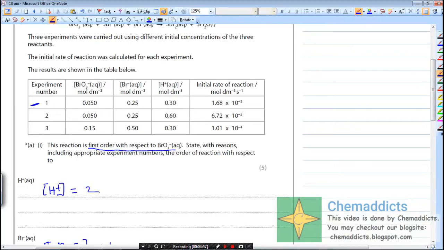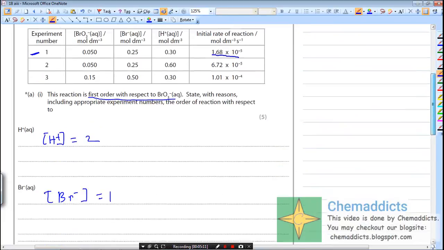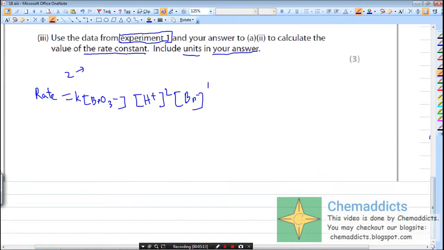Here we can see that the initial rate is 1.68 into 10 to the power minus 5. Let us include the units in order to find the unit of the rate constant k.